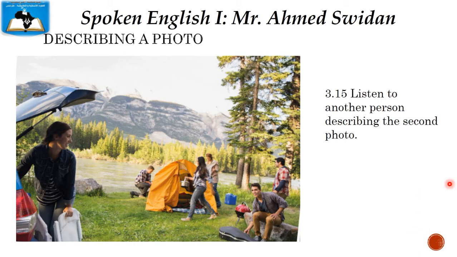Exercise 6. In this photo, we can see some men and women on a camping holiday. On the left, a woman is standing next to a car. In the center, there's a yellow tent. A woman with long hair is walking past the tent.